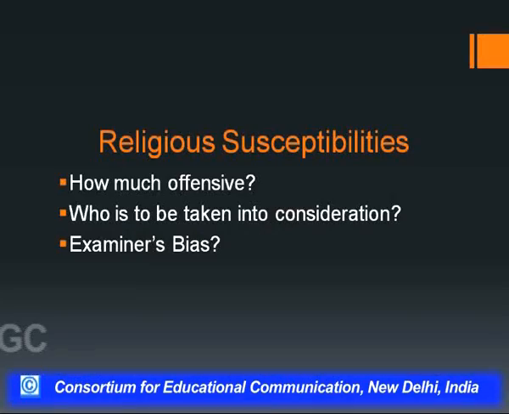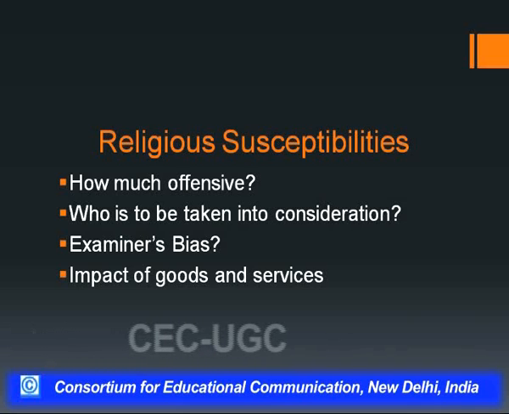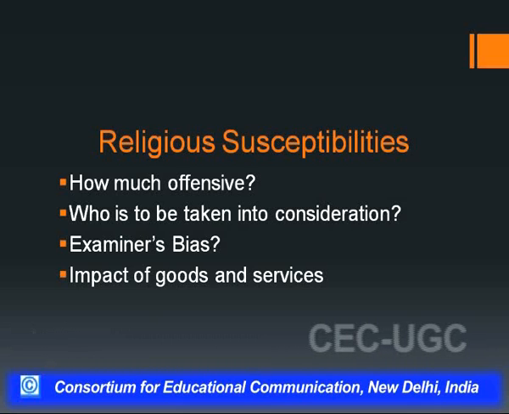And the third thing, the very possibility or likelihood of examiner's bias. The fourth one is the impact of the goods and services with the use of some religious connotation, some religious pictorial representation, or any mark or symbol which has some sort of religious bearing.